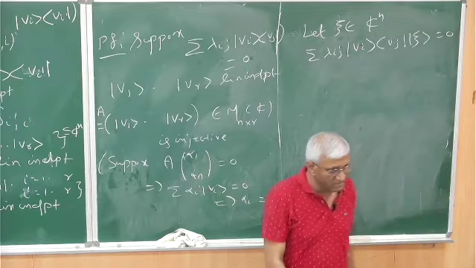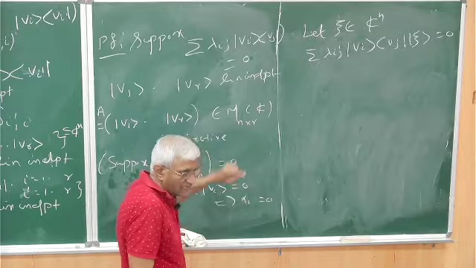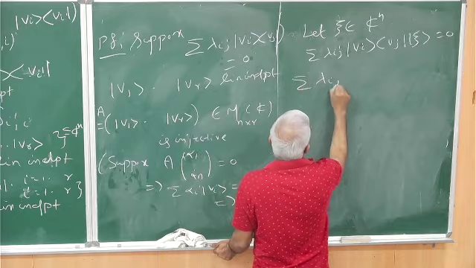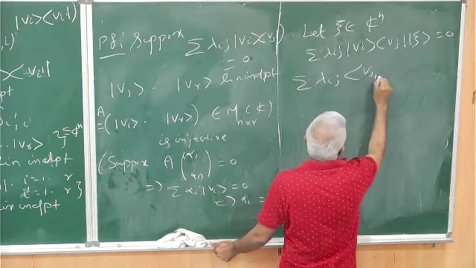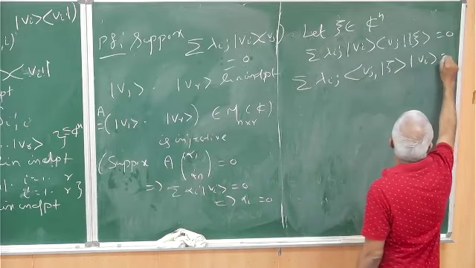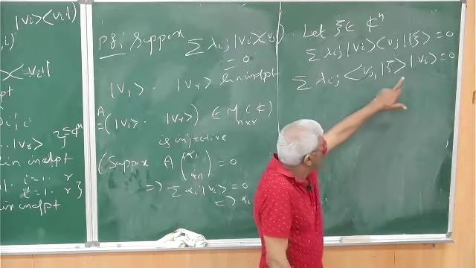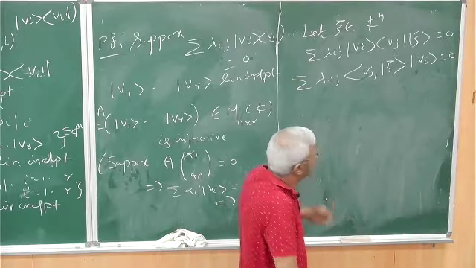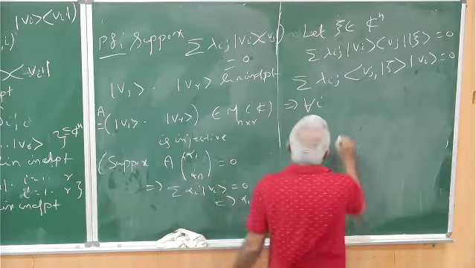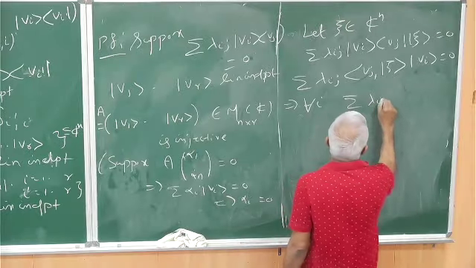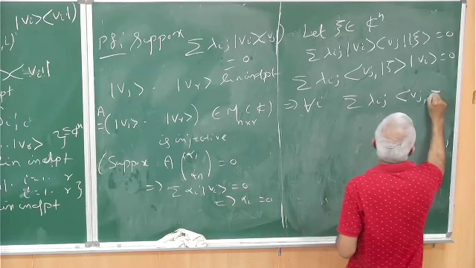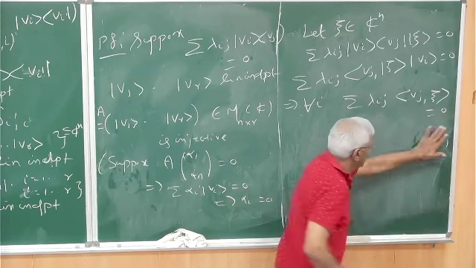That's what it means: acting on any xi it is 0. That is the summation lambda ij, you take this vector vj xi acting on vi, equals 0. Now each vi is linearly independent. This implies for all I, the summation lambda ij vj xi equals 0.